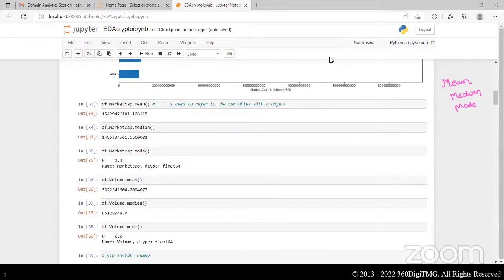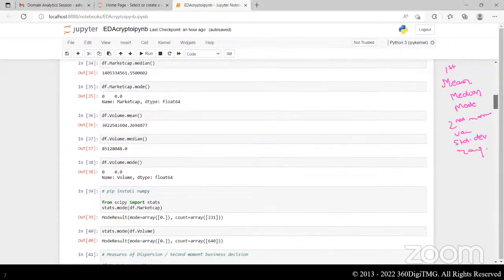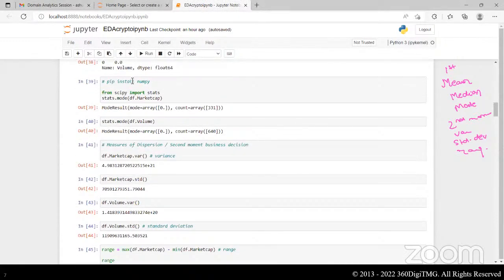Then we talked about calculating your second moment. In this, we do variance, standard deviation, and range. So what I'm doing over here is installing NumPy and importing stats.